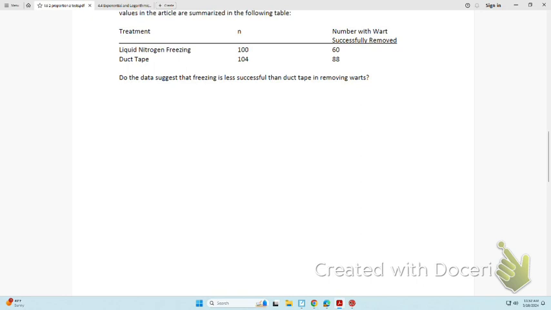All right, so define your groups. P1, true proportion. I'm going to write small because we need the space.